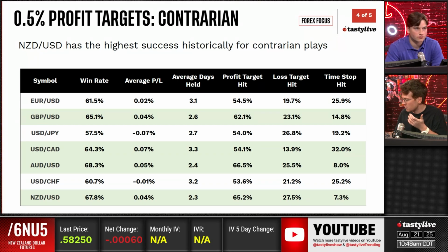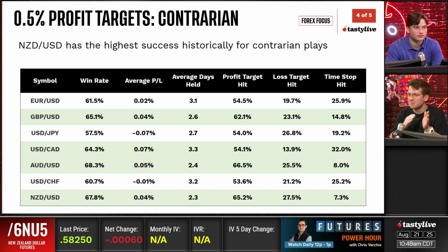Because of course I can write on a piece of paper, okay, 1 is the average profit times 68% win rate, minus 2, the average loss, times 32% loss rate, but you're not hitting those maximums every time.